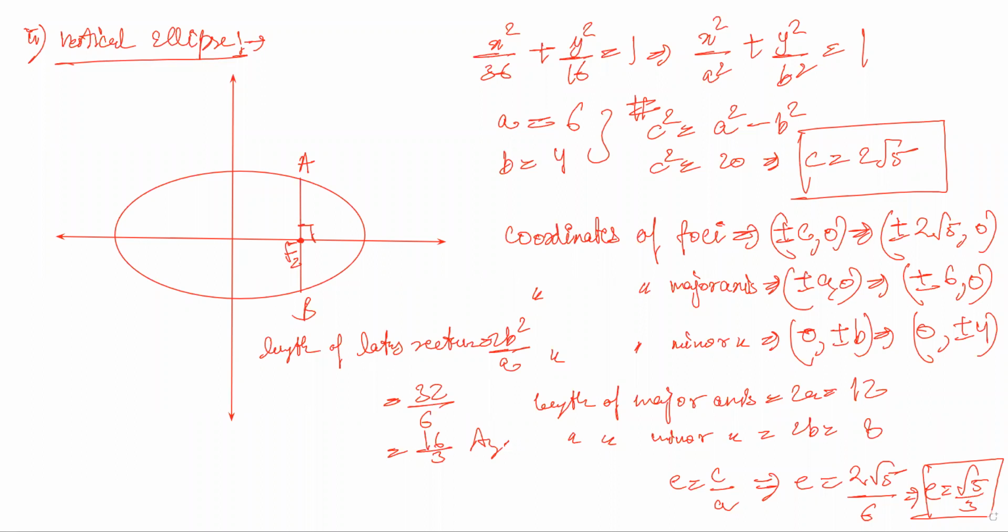Iram, will you solve the 4th question? First of all, identify which type of parabola and which type of ellipse it is, horizontal or vertical. Question number 4.